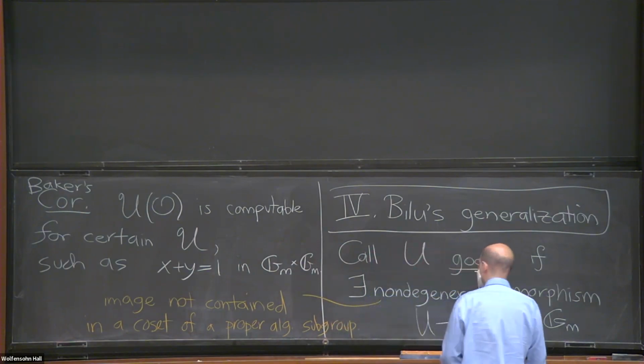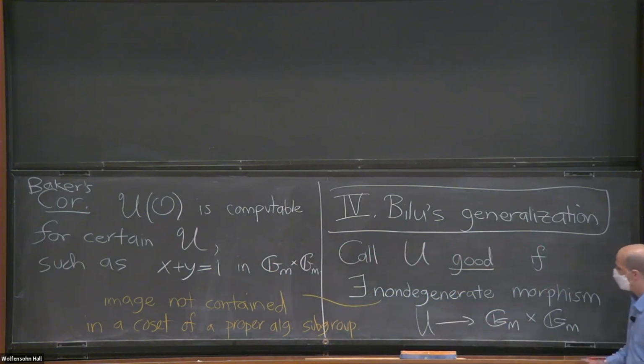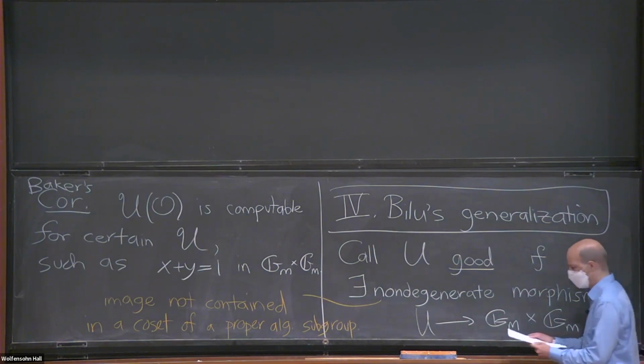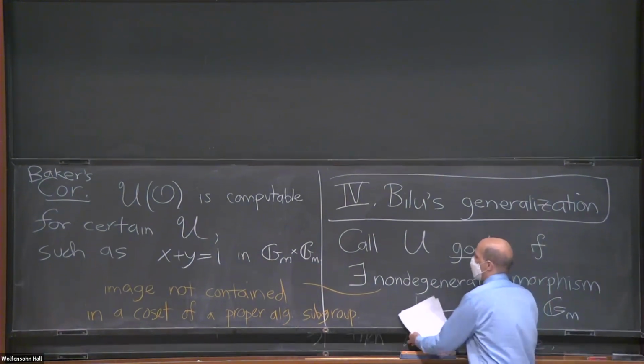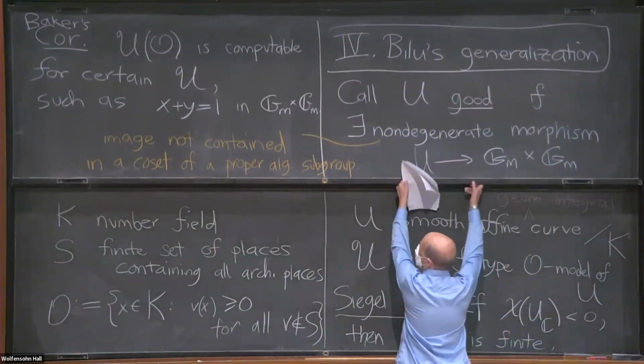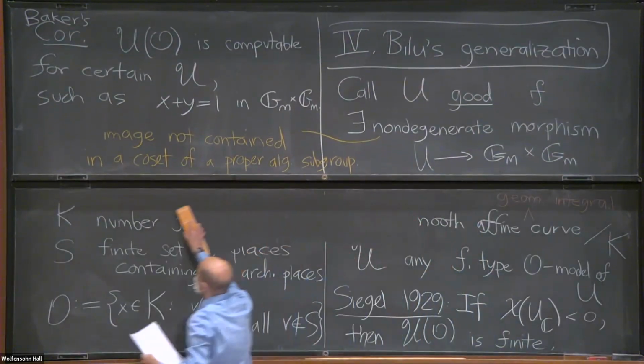Essentially it says that U has two independent morphisms to GM. So all right, that's just a definition.